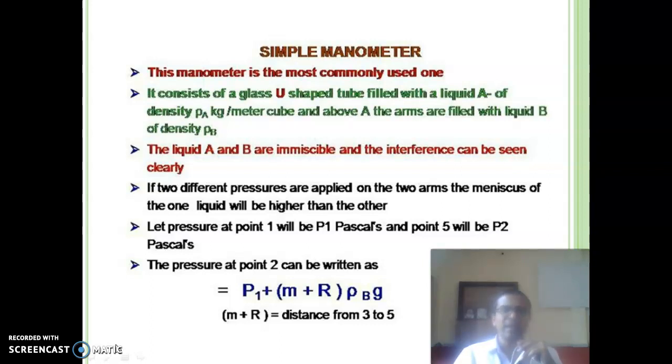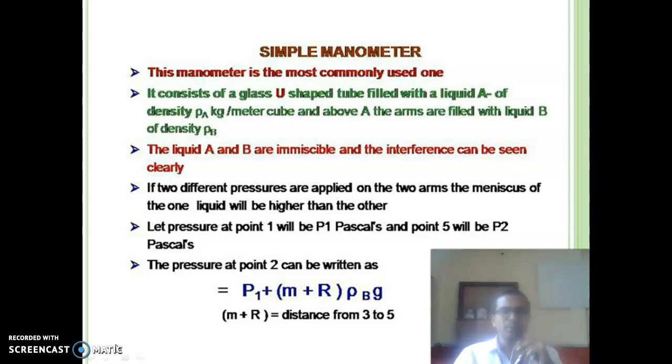The liquids A and B are immiscible, and the interface can be seen clearly. Interface means we can see the different levels very easily. The liquids A and B are immiscible. This point is very important to highlight.